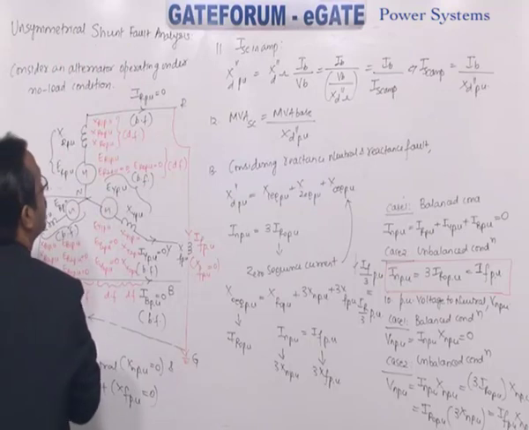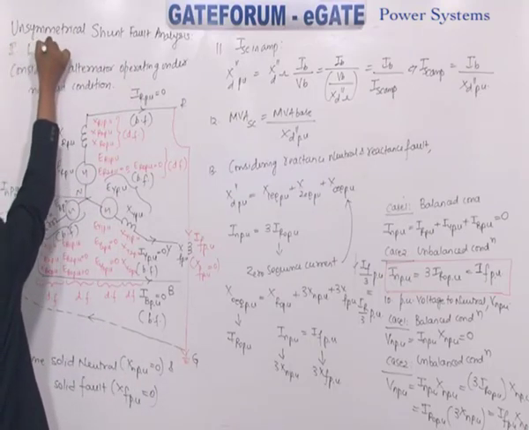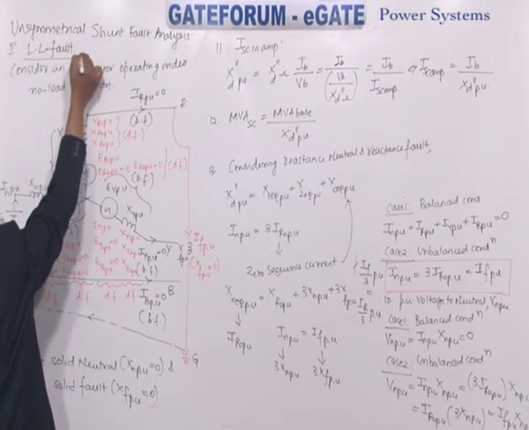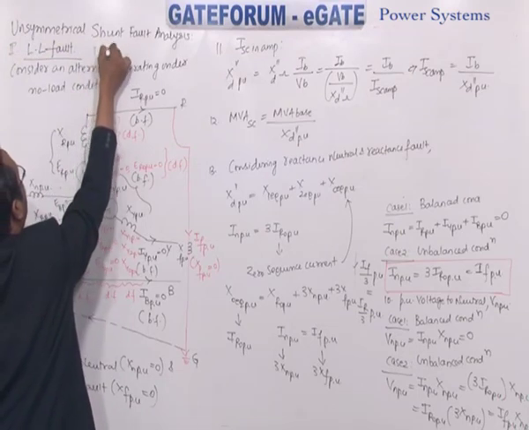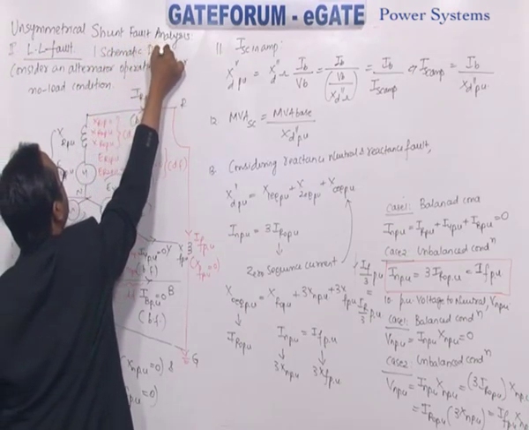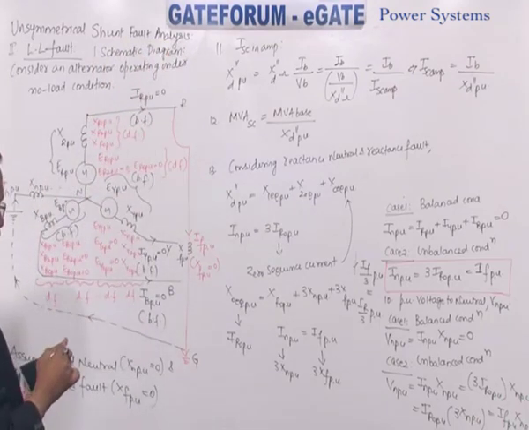And now we analyze the next one, line to line fault. Under this line to line fault, first to represent the schematic diagram.